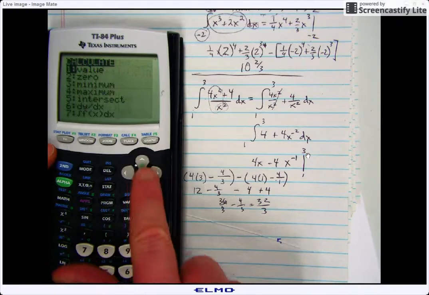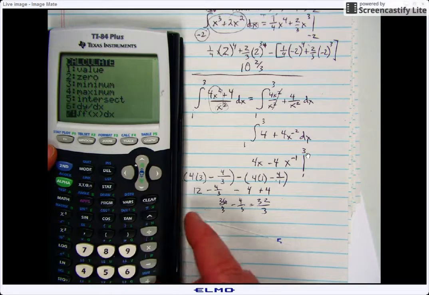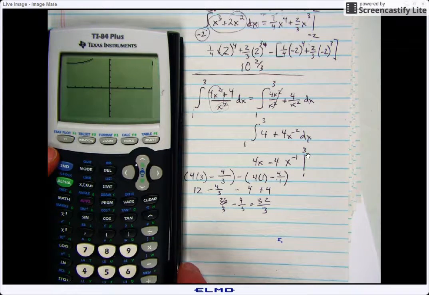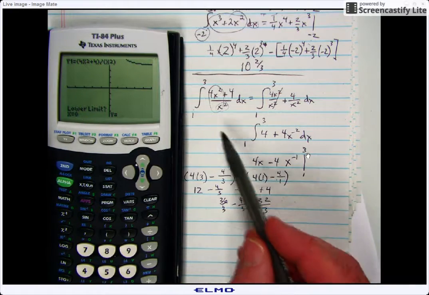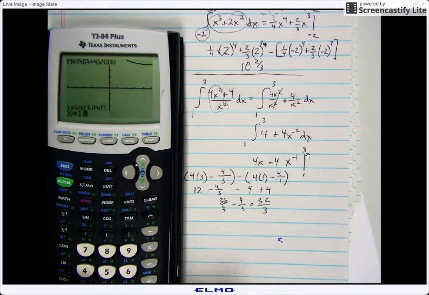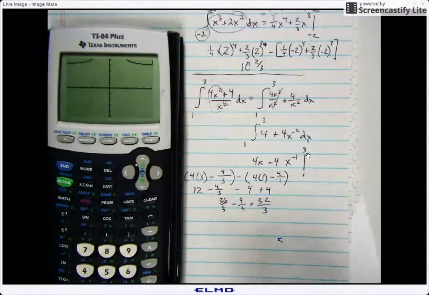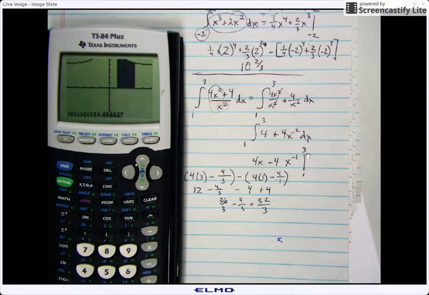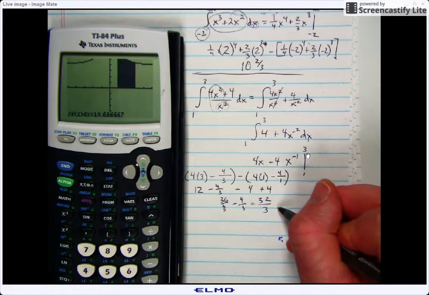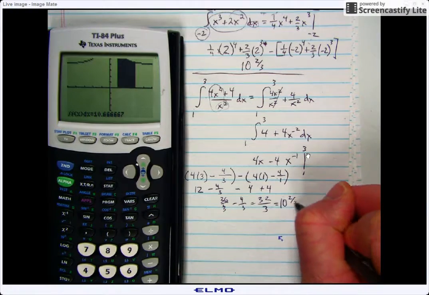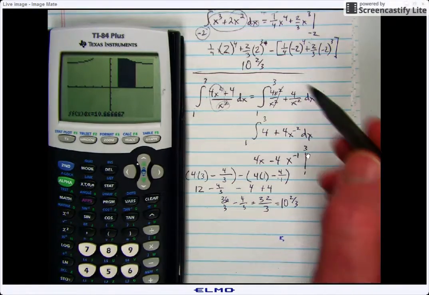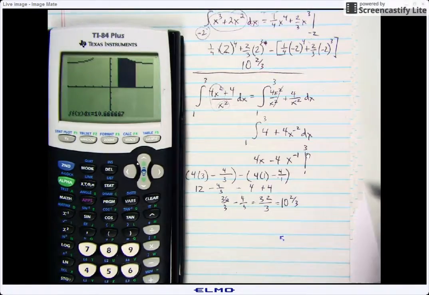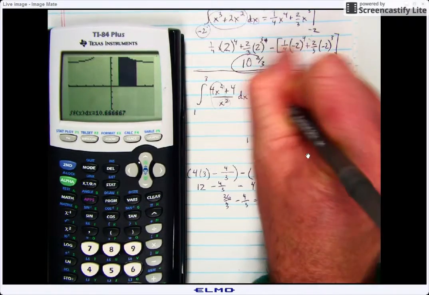And we want to calculate the integral. Lower limit is 1. Upper limit 3. Also 10 and 2/3. I promise you that I actually took this one off the warm-up and randomly took this one out of the book. We got the same answer for both.